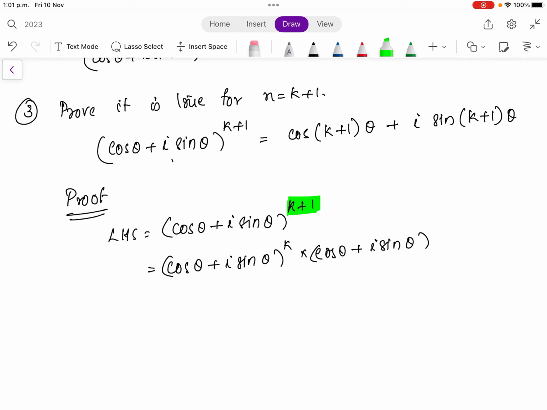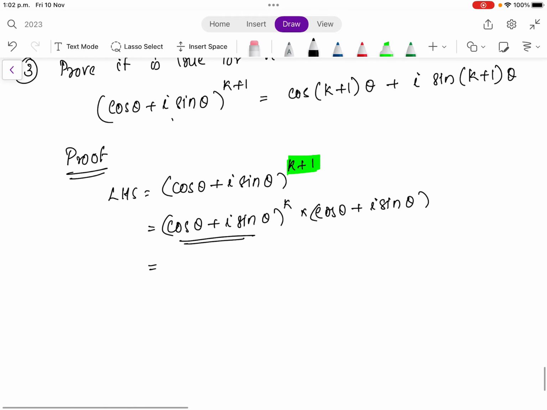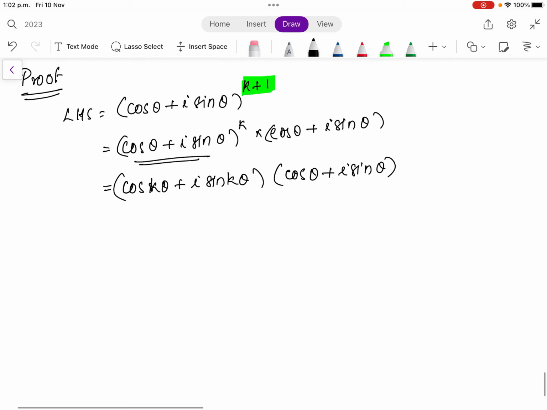Okay, that is equal to, I'm going to write this from the assumption which we took for n is equal to k. So the expression will become (cos k theta plus i sin k theta) times (cos theta plus i sin theta). Okay, so this is from the assumption. Now I'm going to expand this, multiplying it all together like a normal algebraic multiplication.